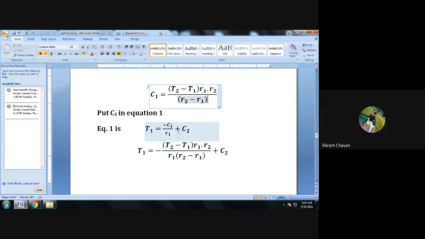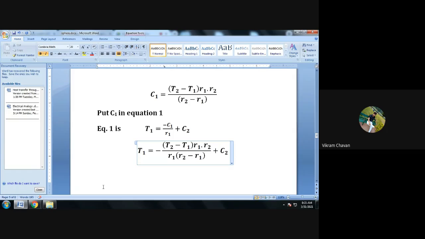After putting the value of C1 in equation number 1, we'll get the equation as T1 is equal to minus, instead of C1 we are going to put this particular equation, with the minus sign as it is. So inside the bracket (T2 minus T1), multiplied by R1 multiplied by R2, whole divided by R1 remains as it is, R1 multiplied by (R2 minus R1), bracket complete, plus C2.